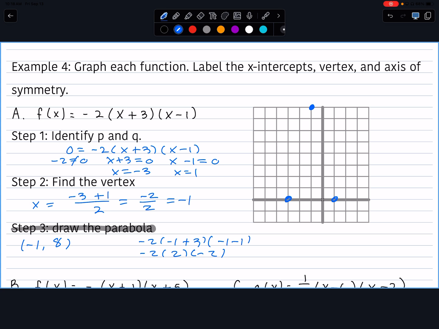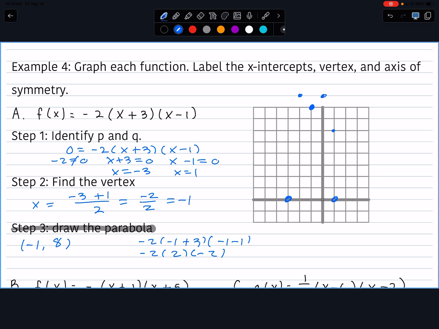Now, I want you to notice we already kind of know what the graph looks like. Would you guys agree it's going to definitely do this? Because it's got to pass through these 2 points. Since I only need 1 point on either side, I'm just going to use that normal point as my parent. Normally it'd be up 1 over 1 in both directions. So now, if this is my 0, 0, I'm going to multiply my y values by -2.